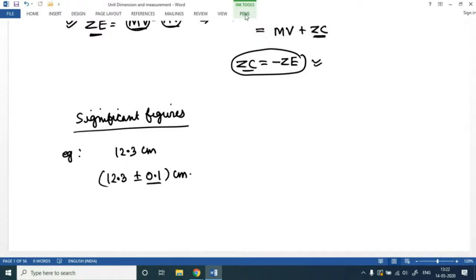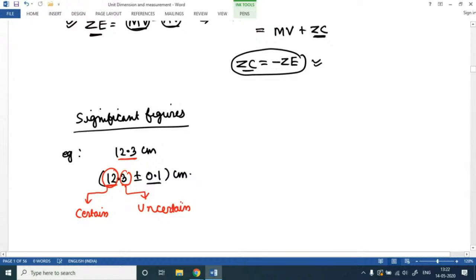So the idea here is, when you look closely, although you are certain about these two figures, 1 and 2, it is definitely 1 and 2, these figures are certain. When you are reporting your reading to be 12.3 centimeter, you are certain about these two figures, but you are not so certain about this figure 3. That is basically uncertain, you should realize.